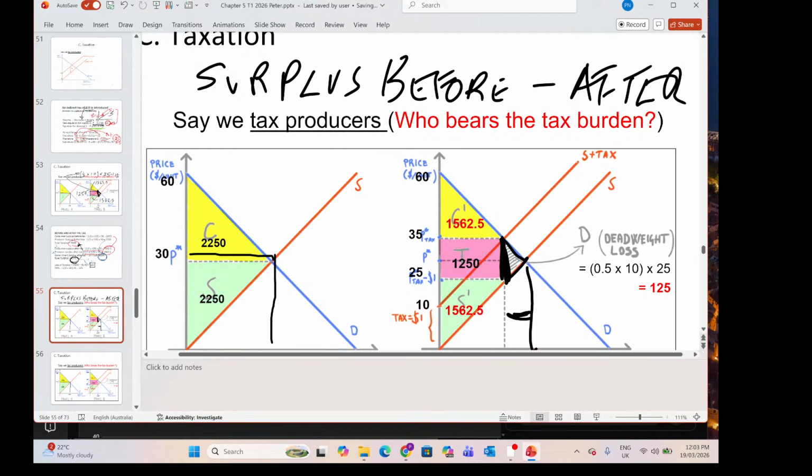So we can calculate the dead weight loss in two ways: the surplus before minus the surplus after, or simply identify the little triangle.